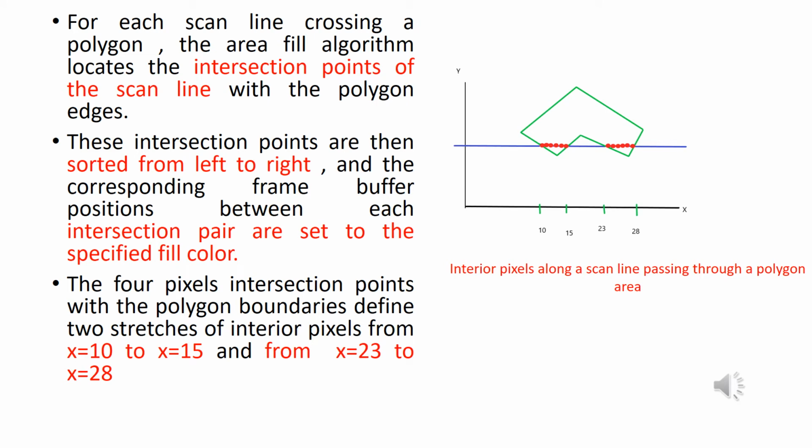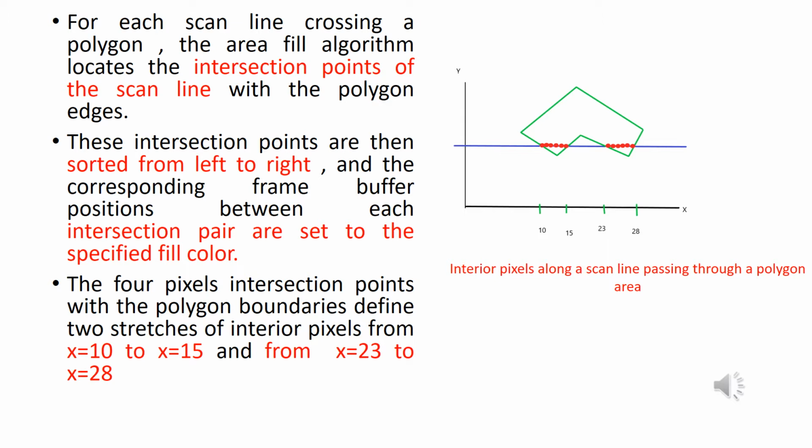This is a polygon with a green boundary and we are filling it with red color. Suppose we have drawn a scan line which has crossed our polygon. The area fill algorithm just locates the intersection points of the scan line with the polygon edges.